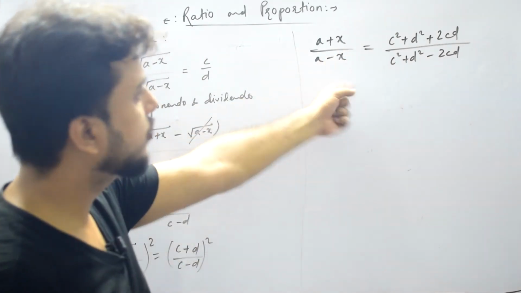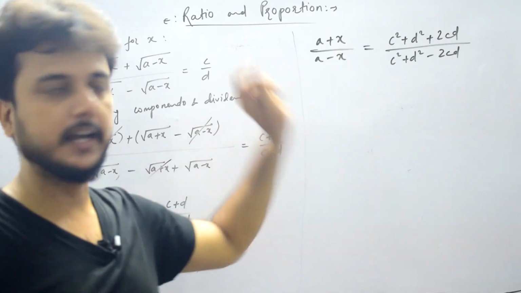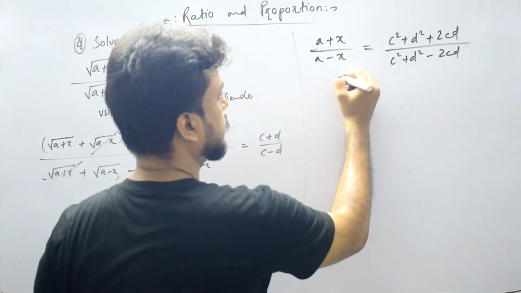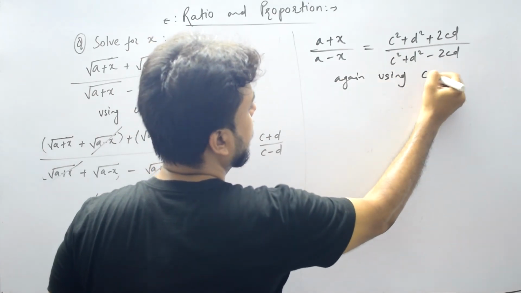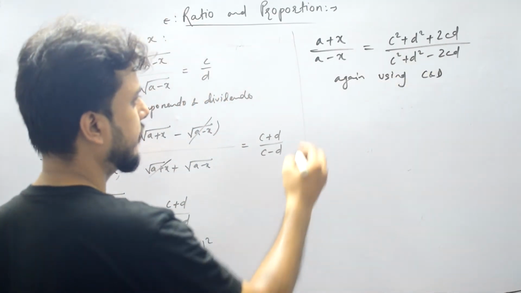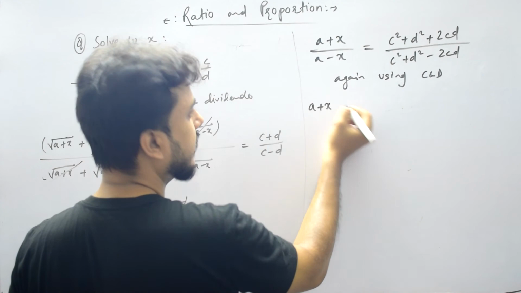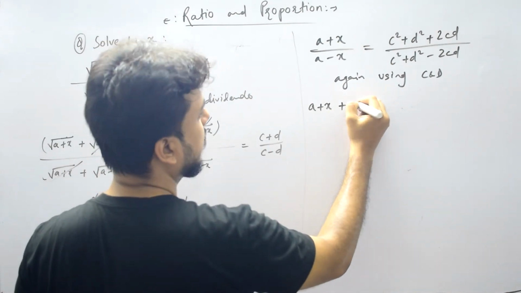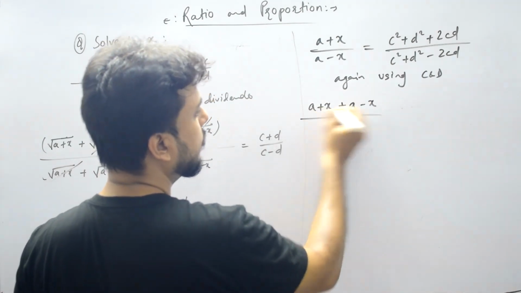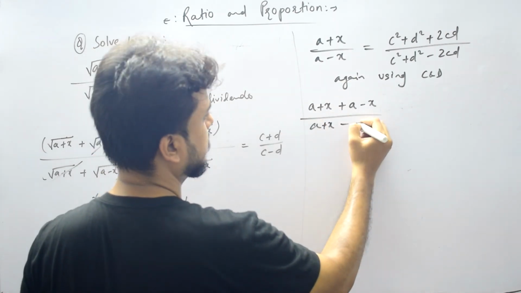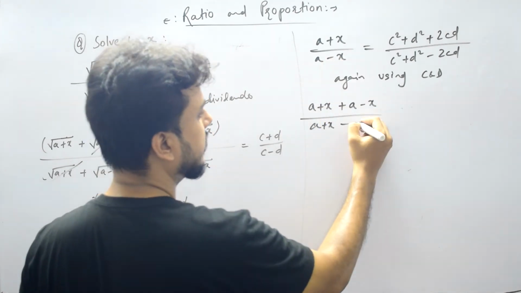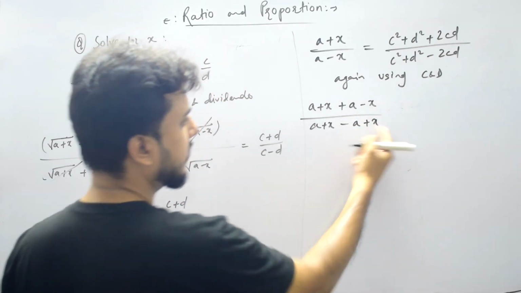Okay, now we will use componendo dividendo once again. I am writing it in short, c and d. Now see what will happen. So it will be a plus x plus a minus x, the numerator plus denominator, and a plus x minus, once we subtract it, the sign will change, so minus a plus x.